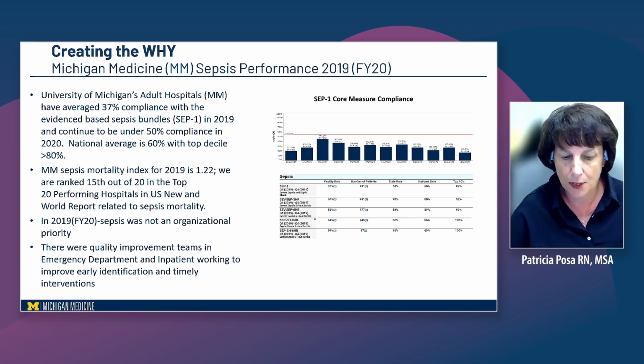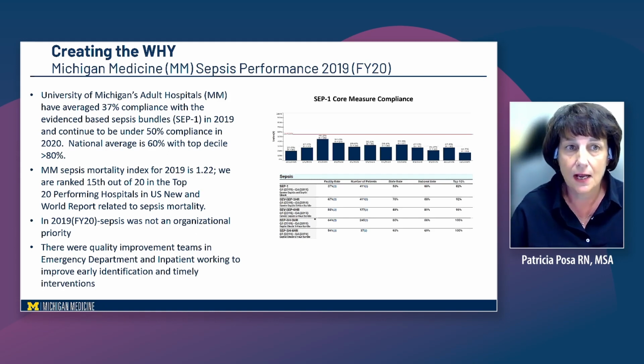So we started with creating the why and met with executive leadership to ask for sepsis to be a priority for the organization. We shared our performance and how it matched up with other academic medical centers and hospitals, and how our current performance could impact the organization as well as our patients.